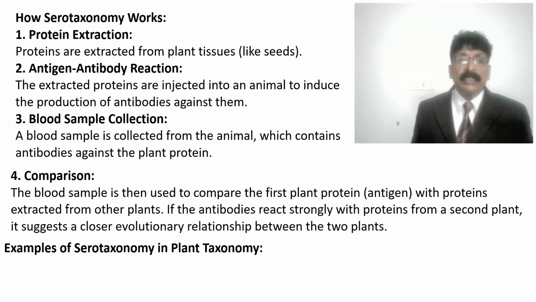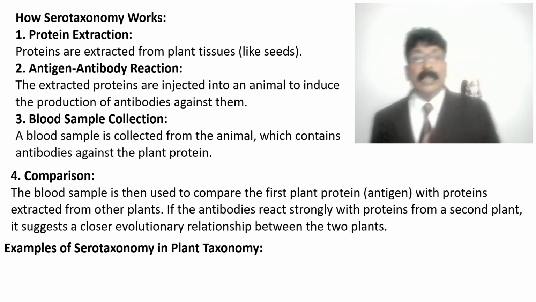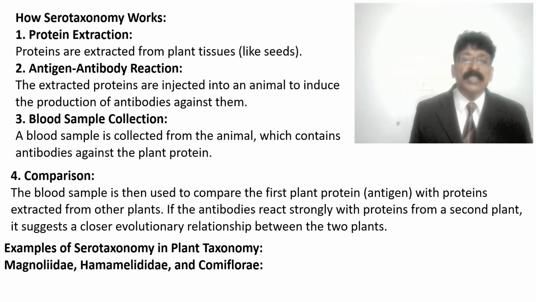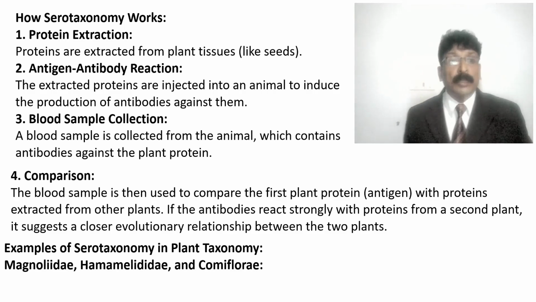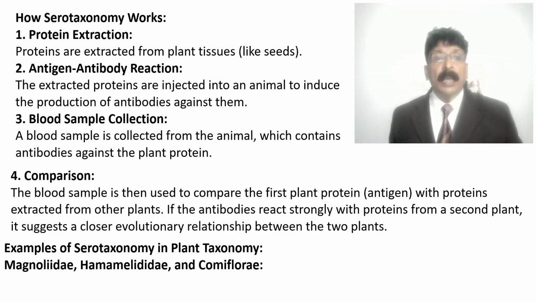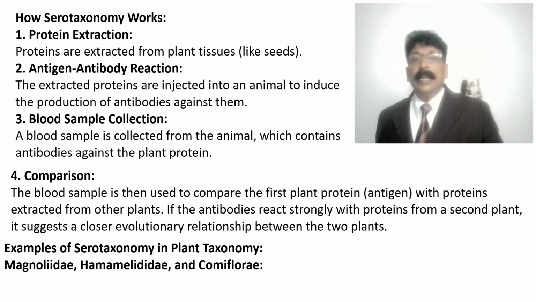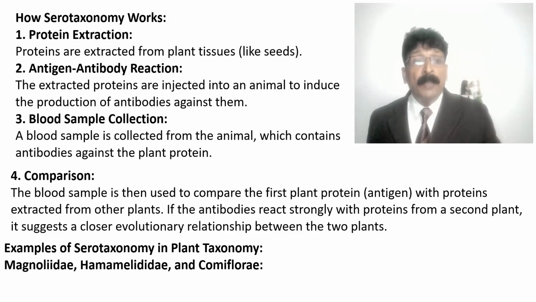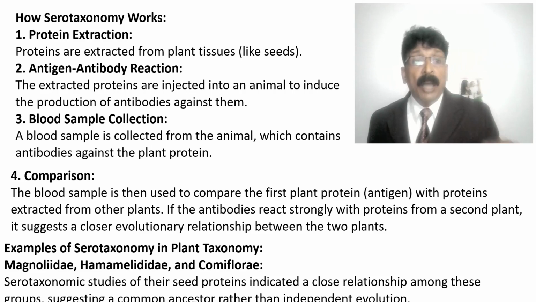An example of serotaxonomic classification in plant taxonomy, on which lots of work is still going on, is Magnoliidae, Hamamelidae and Corniflorae. These are the groups used for comparison.